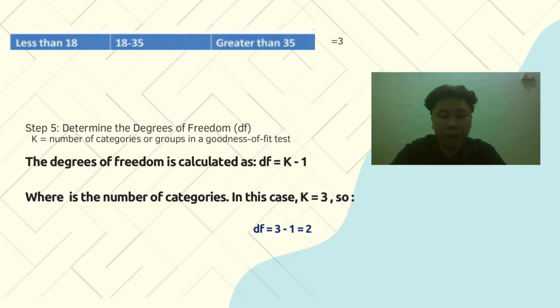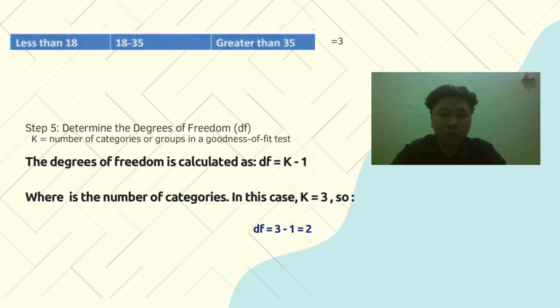Therefore, the value of k is 3. Substituting into the formula, degree of freedom equals 3 minus 1, which is 2. So, the degree of freedom for this test is 2.